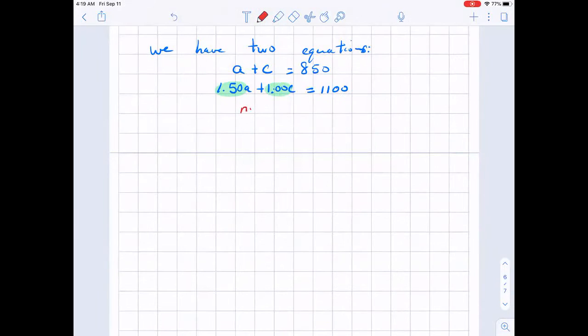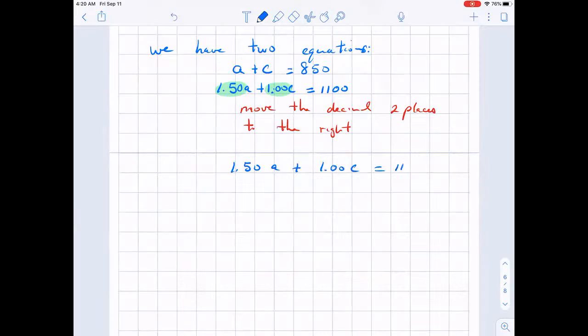Move the decimal 2 places to the right. If we do that, we have 1.5A plus 1.00C is equal to 1100, and there's a point there.